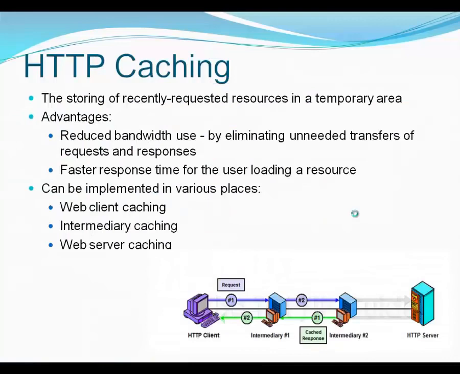So when caching happens, how does the caching server, or the proxy server, or the end user's browser know that the object which I have cached is still good to go? It's not stale yet. There are various factors which help in deciding whether the object is still good to be used or not.